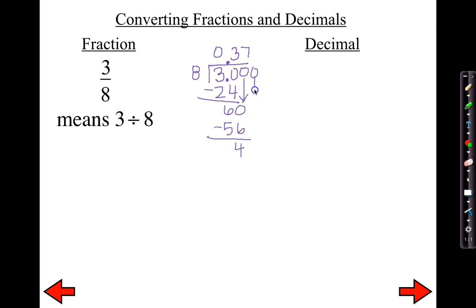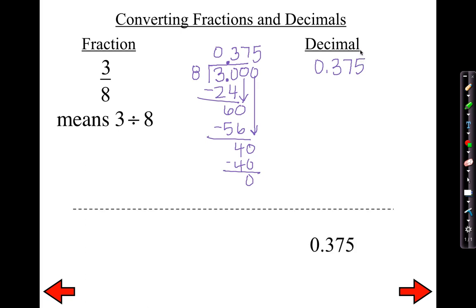And I'm going to have to drop down another 0. 8 will now go into 40 perfectly 5 times with a remainder of 0. So how would you write this as a decimal? I'm going to go ahead and say it is 375 thousandths.